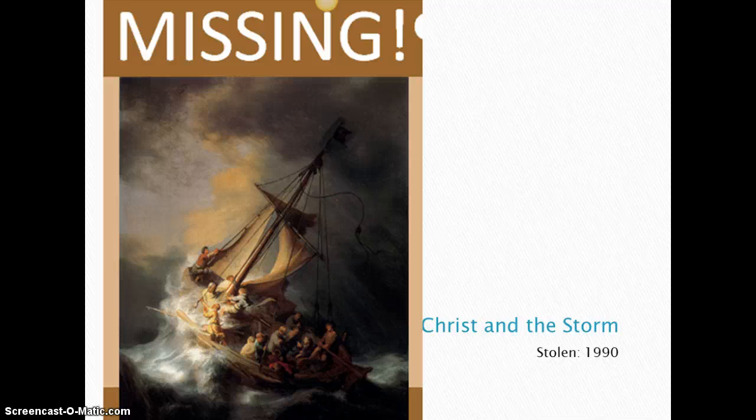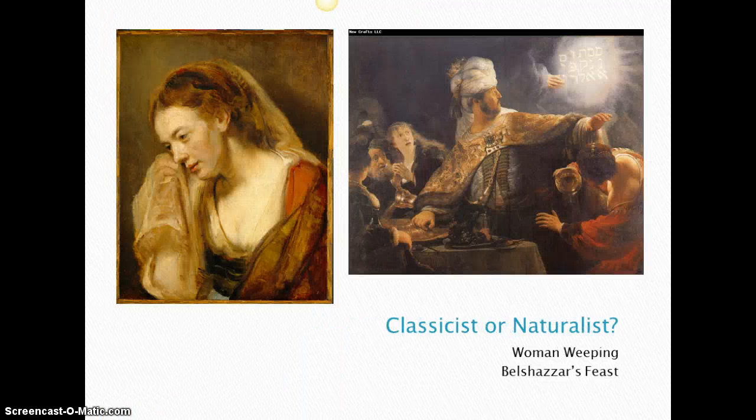Now in Class Connect, I hinted at this artwork right here, Christ in the Storm. It was stolen in 1990. Have you seen it? And feel free to go take a look at the story if you'd like to when you go into the Class Connect session. Not required, or you will not be tested on it. Now what I want you to tell me is, is Rembrandt van Rijn a classicist or a naturalist, based on what we've learned so far?